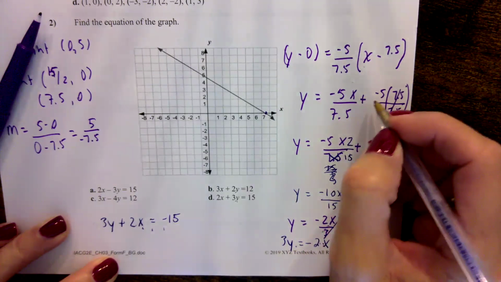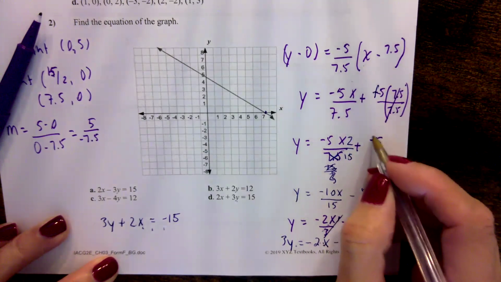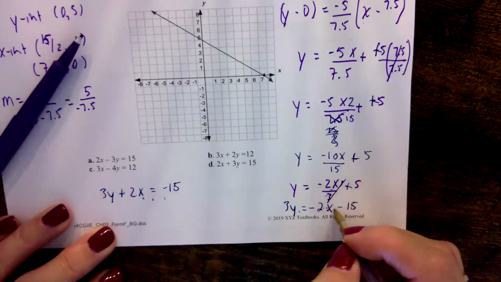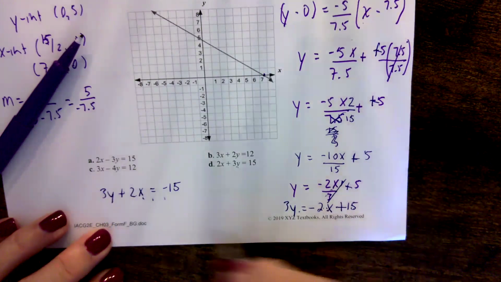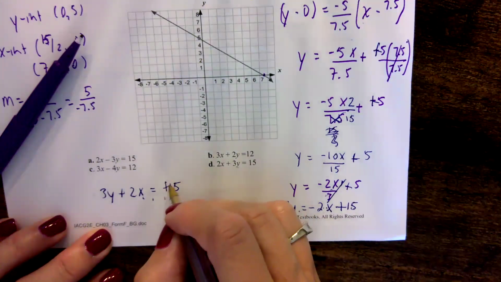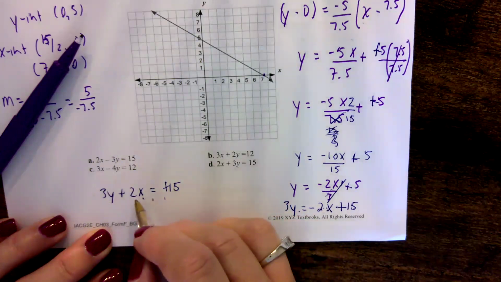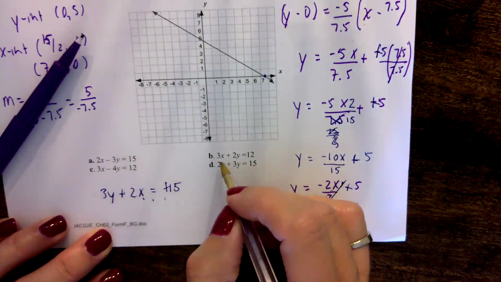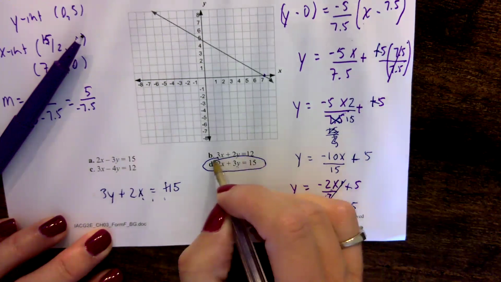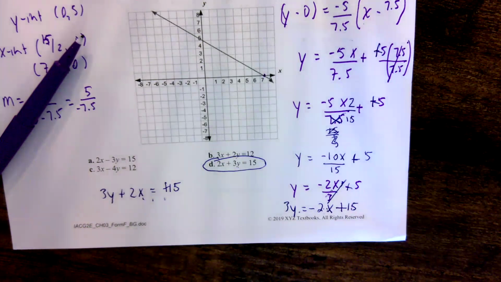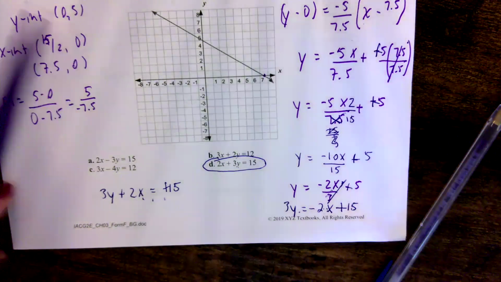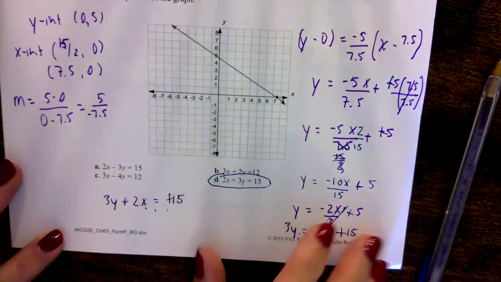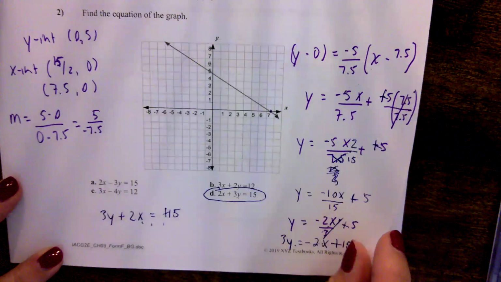Oh, this is a positive. And that should be a positive, and that should be a positive. Okay, so it is 3y plus 2x equals 15. So it should be letter D. So a lot of work for multiple choice, but we got there.